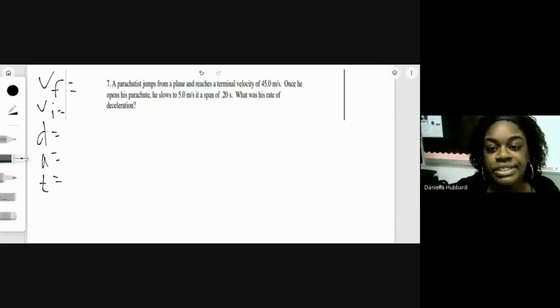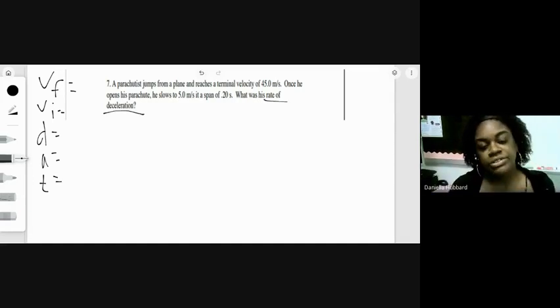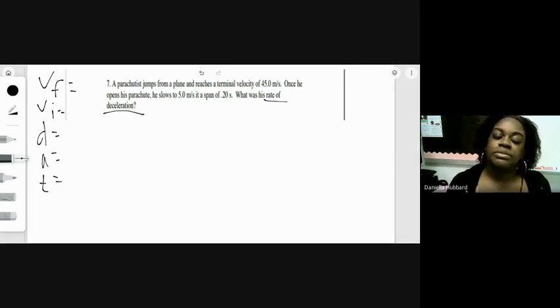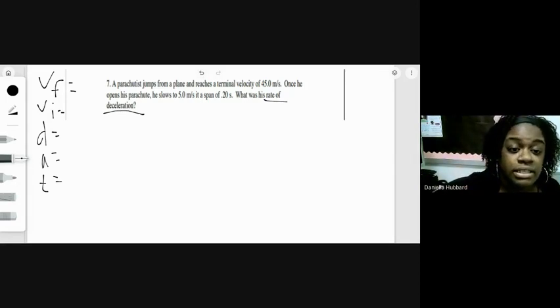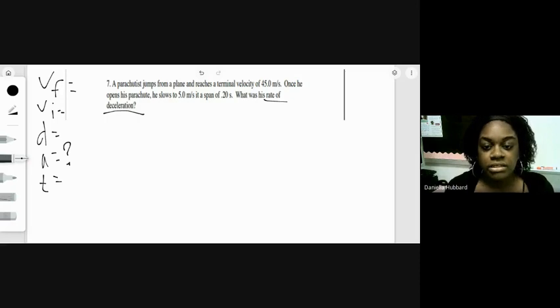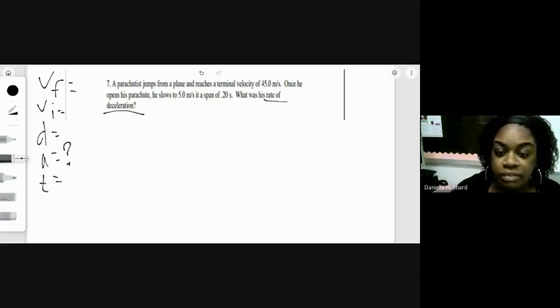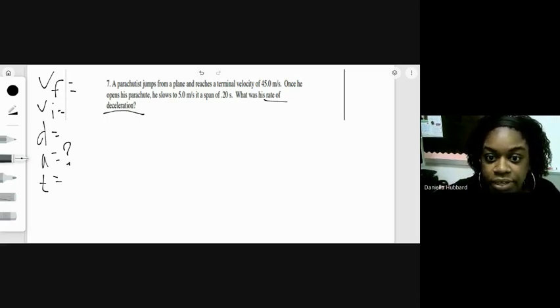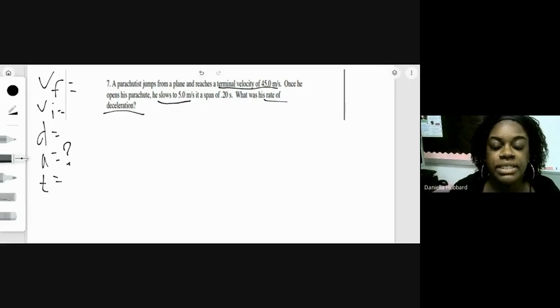Okay. Question says, what is his rate of deceleration? So yes, you see the word deceleration, but we're still talking about acceleration, which is A. It's saying deceleration because we know the parachute guy slowed down. How do we know that? Well, he reached a velocity of 45 and then he slowed down to 5 meters per second.